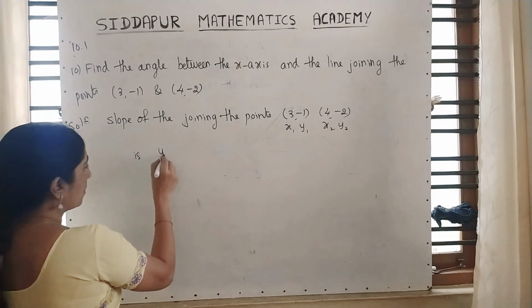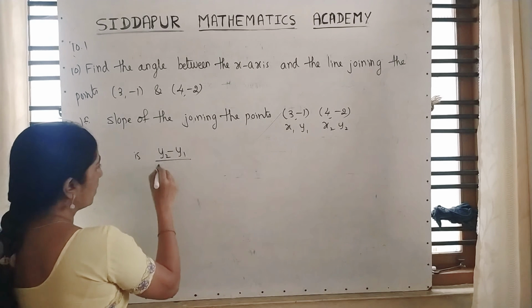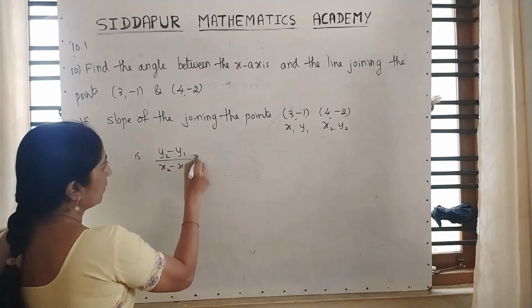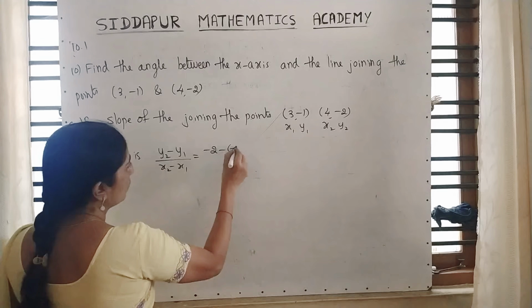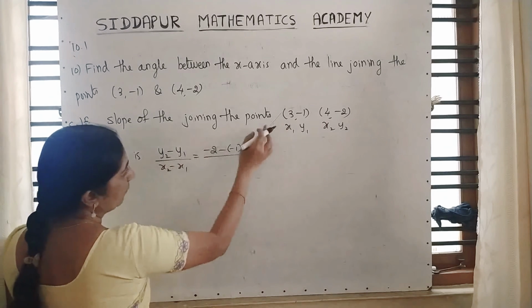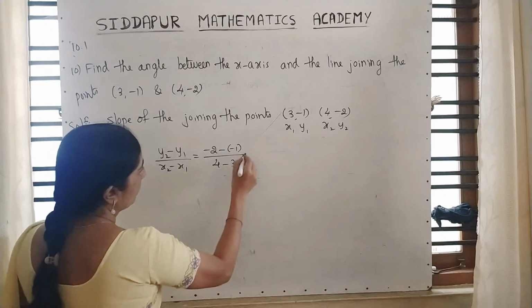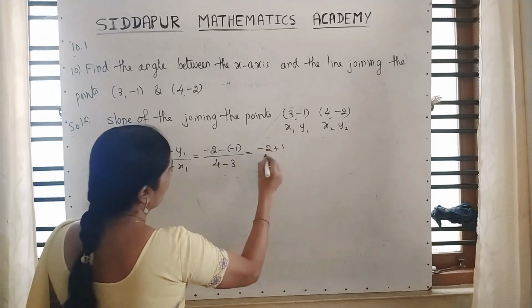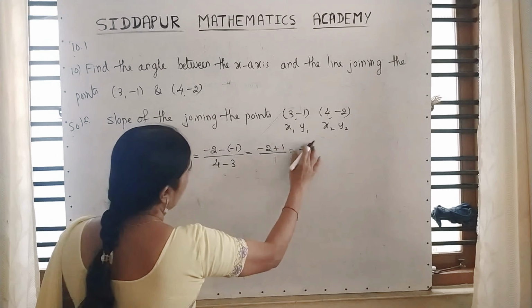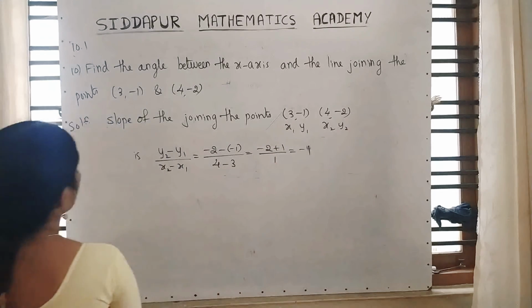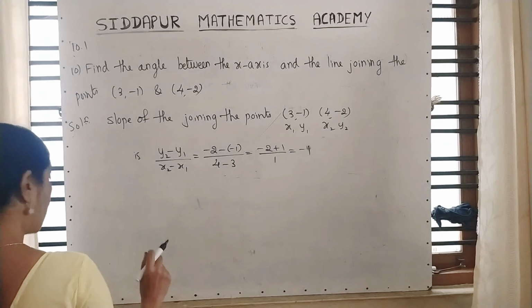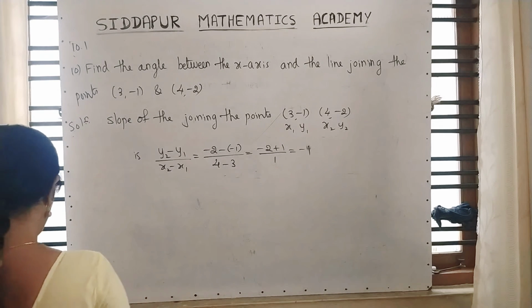The slope is y2 minus y1 upon x2 minus x1, which is -1 upon 1. Just substitute the values. That is -1. Now the question is to find the angle between the x-axis and the line joining the points.